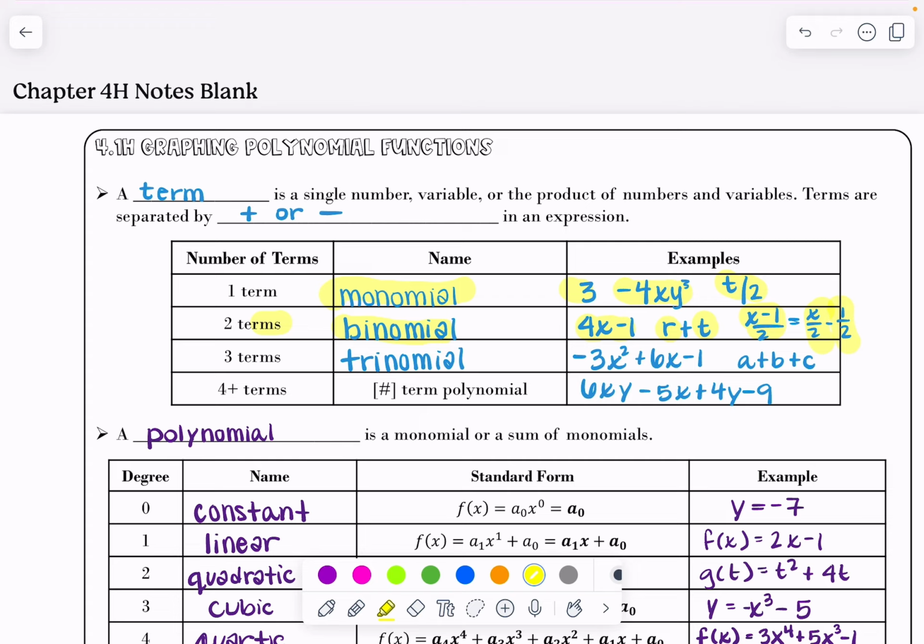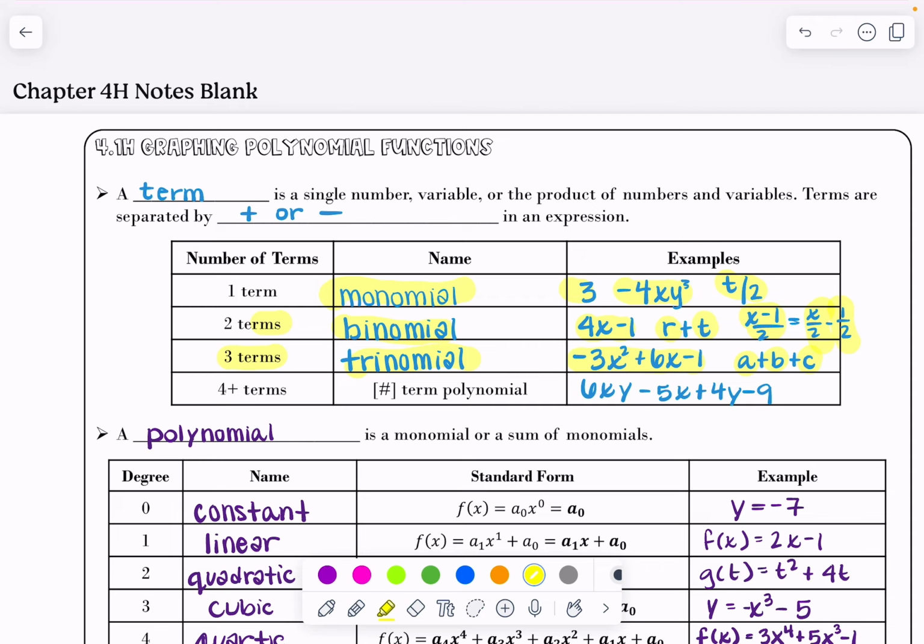Carrying on, we have 3 terms. That is a trinomial. And so that is any 3-termed expression. We have an example of negative 3x squared plus 6x minus 1, and then a plus b plus c. And you can interchange that if you want to do minus or whatever your heart desires today.